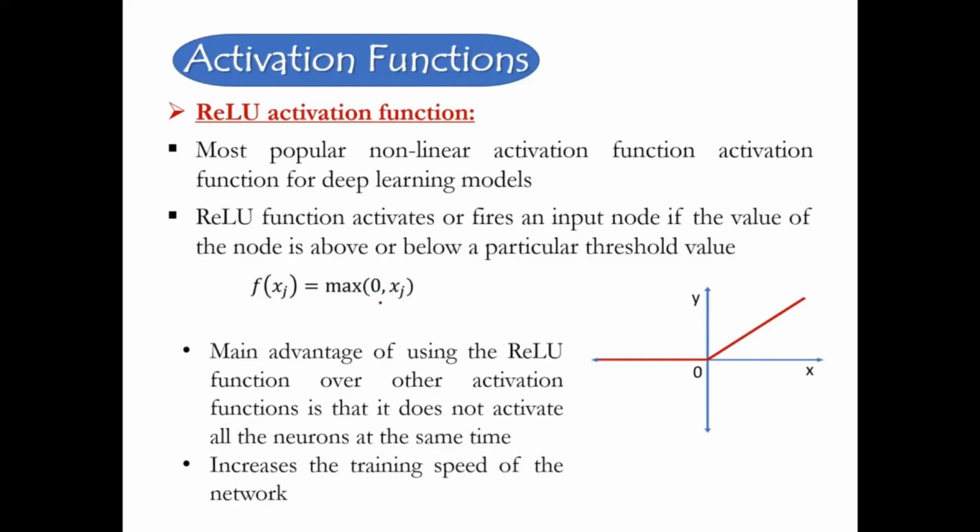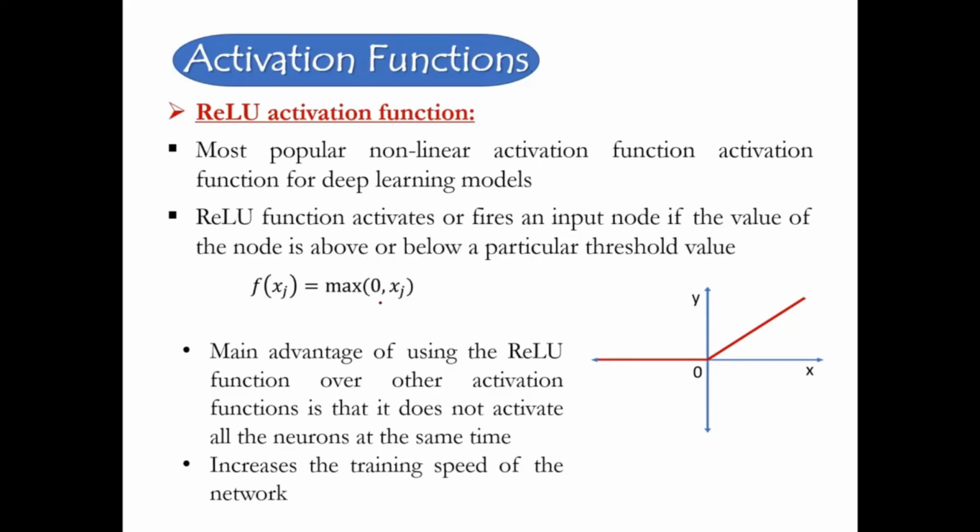So what it will do, whenever it encounters any value of a neuron, it will check whether it has a value greater than 0 or not. If the value is less than 0, then it will make it 0. Like negative values, it will suppress them and make them 0. And if the value is positive, then it will keep it as it is.